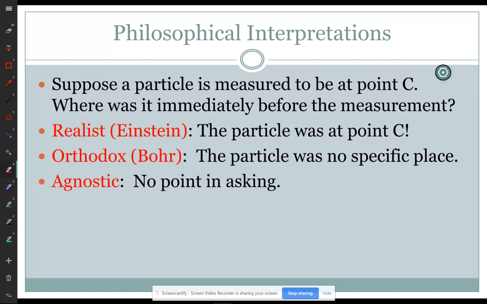He really was fighting against that orthodox view. The orthodox view says that nature is itself probabilistic, that we cannot take the information we have right now and accurately calculate what's going to happen a split second from now. It's probabilistic. We can calculate the probabilities of different outcomes, but we can't say exactly what's going to happen.